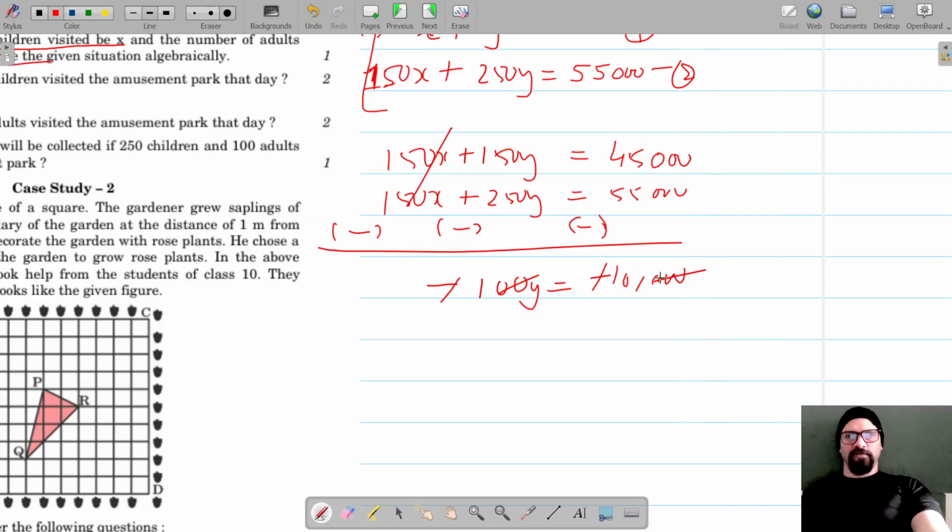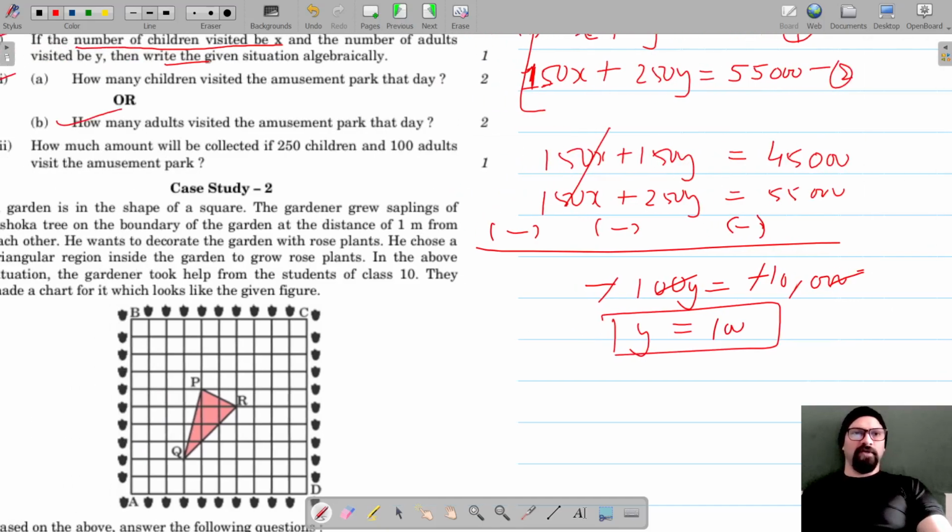Solving these two equations gives me 100. So this is 45,000 and 55,000. If I subtract this, this gives me 10,000, and the zeros get cancelled. Okay, so the number of adults that visited the park is 100.